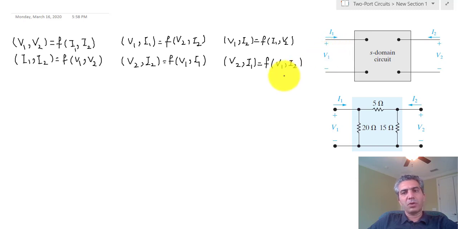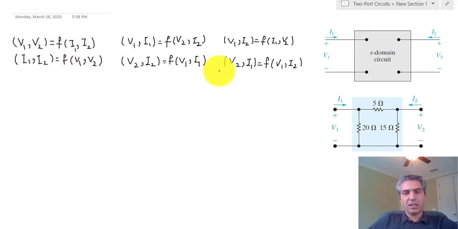Now, depending on which one of these you choose, the equation that you write is going to have a certain format, and based on that format there are certain names, terminology, that are used to discuss the relationship.